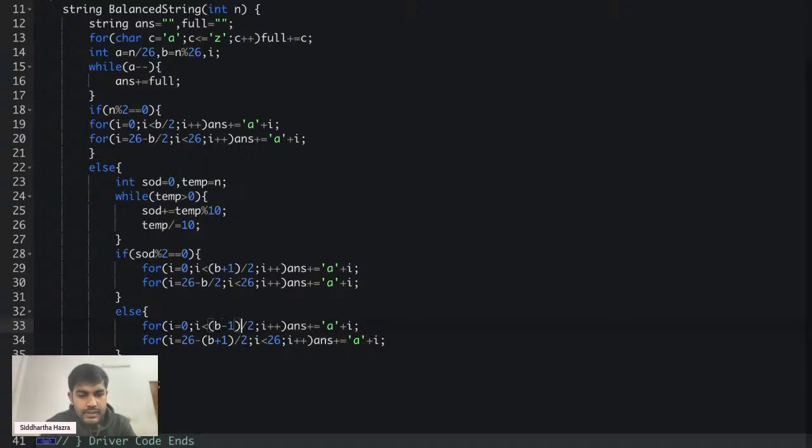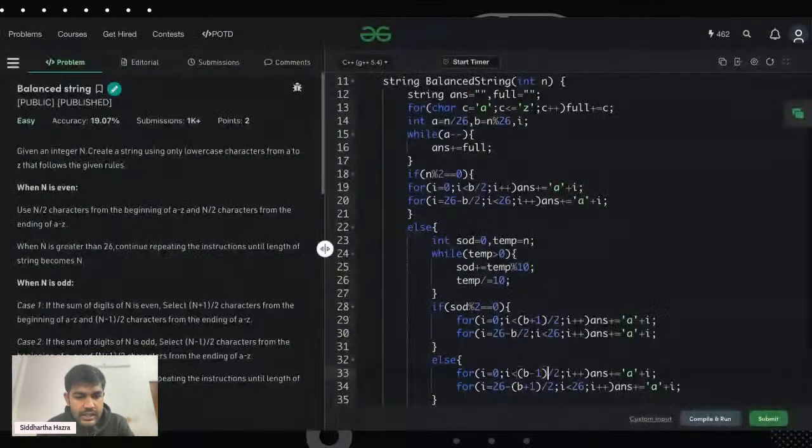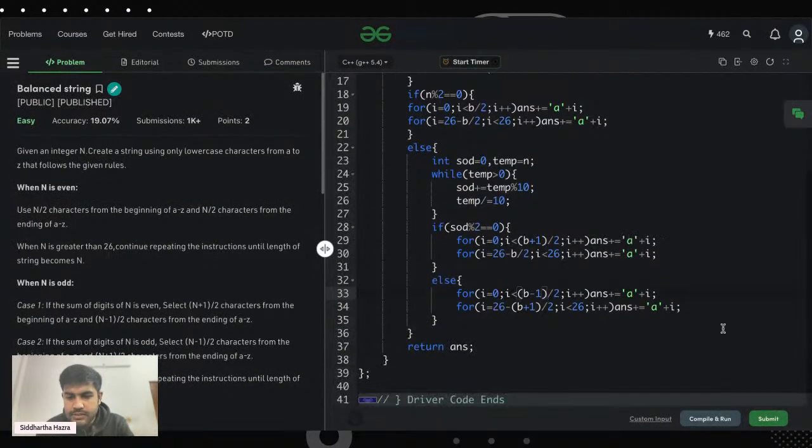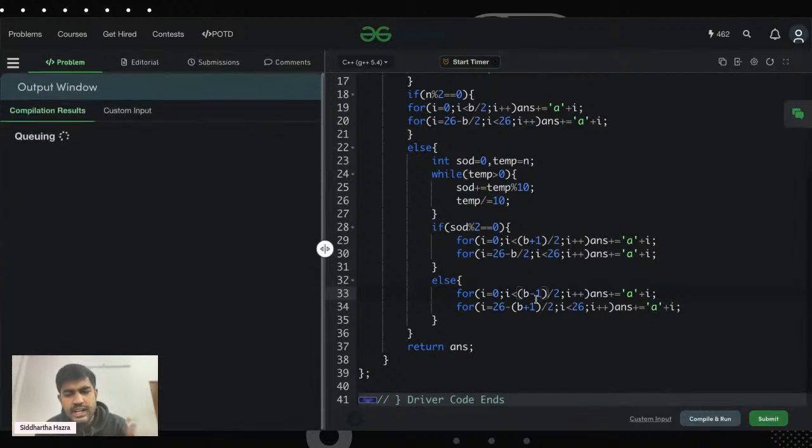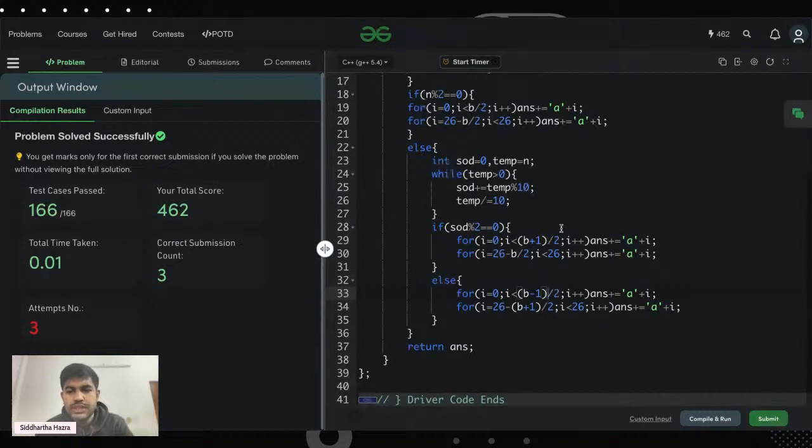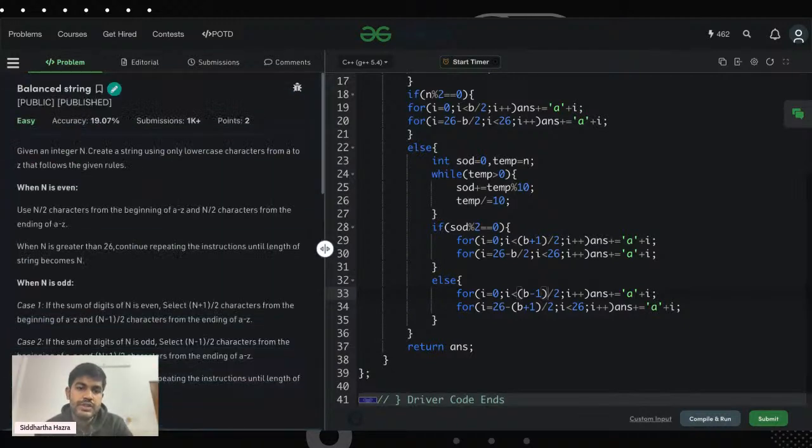So let us see b minus 1. Just directly submit it. See, again an AC. Change it to whatever position you want, and it would be the same. B minus 1 by 2 and b by 2 are the same in C++, because it gives you integer division.